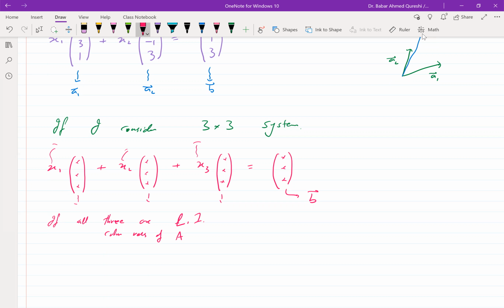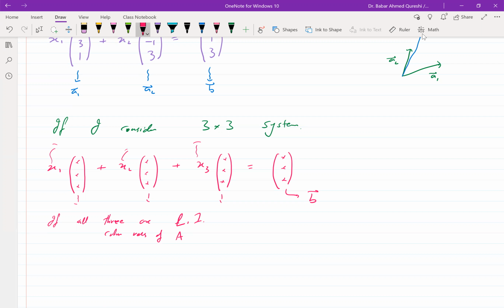However, if they are not linearly independent, then we know that we can get rid of one of them, and for example, I can come down to 2. So again, I will have a 2-dimensional subspace, and then I will not be able to write any arbitrary B in terms of those.